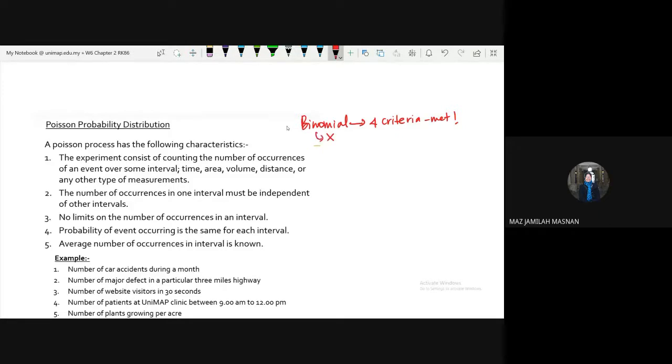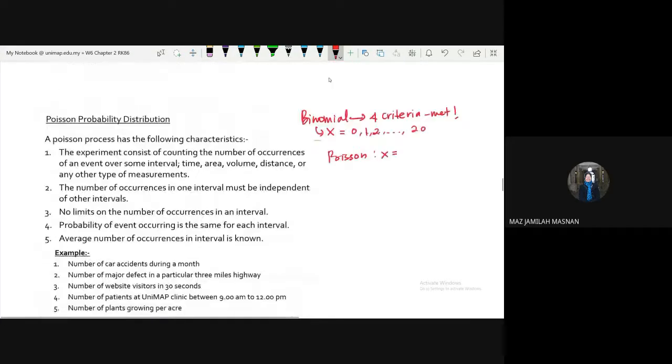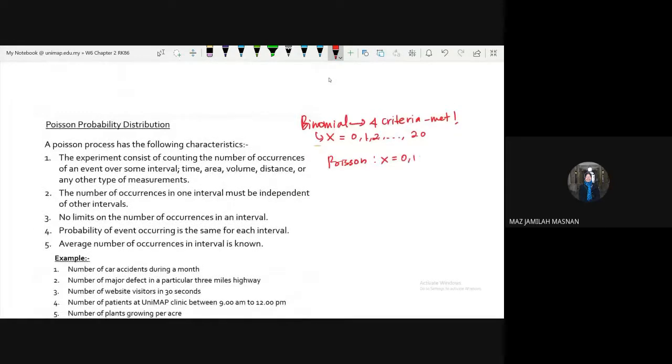Like binomial, x can be 0, 1, 2 until let's say 20, still exact value. Poisson is also the same. X can be from 0 until any value, let's say n. So what is different about poisson?